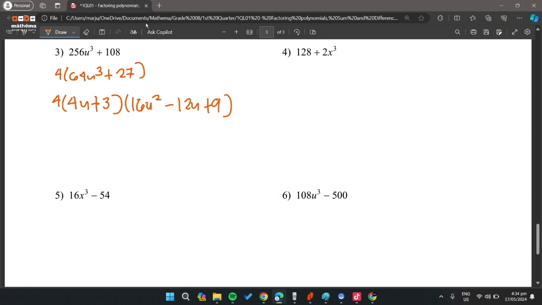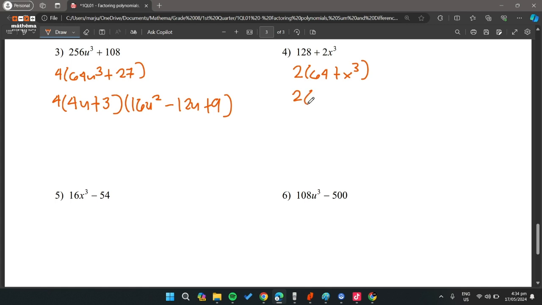Let's do number 4. Number 4 is divisible by 2, so we'll divide by 2. This is now 64 plus x cubed. And again, we factor out.